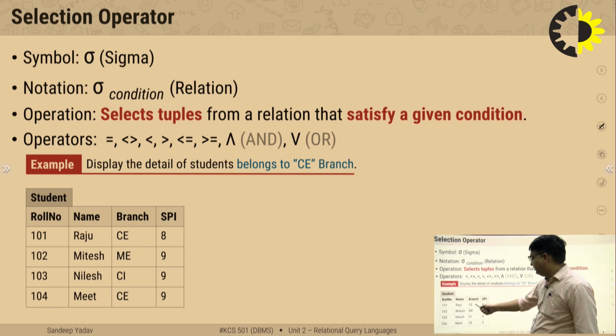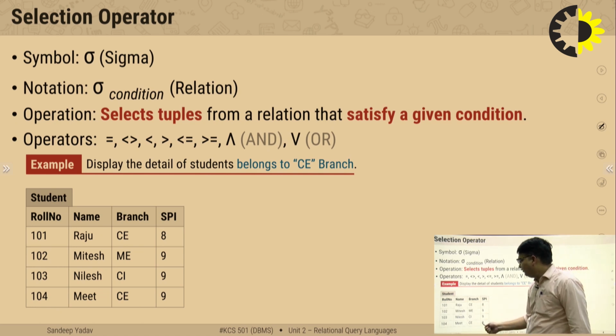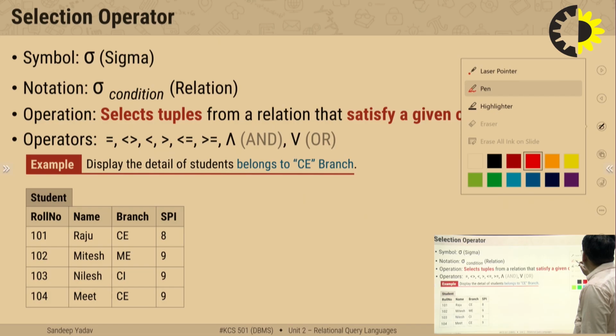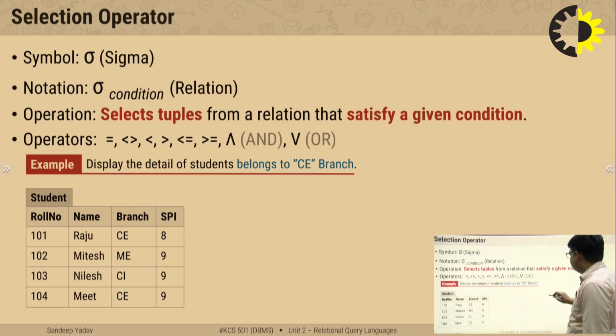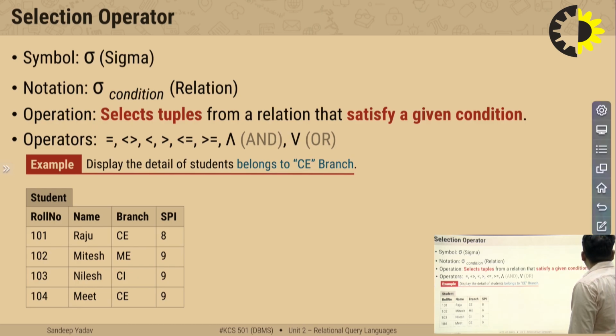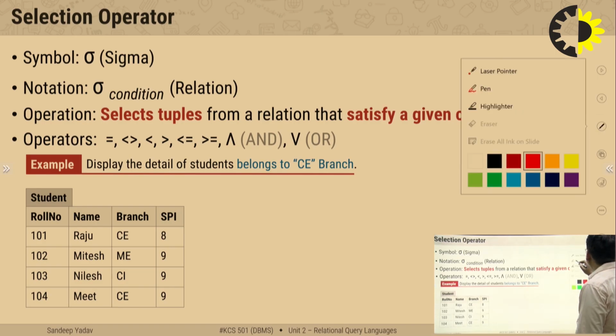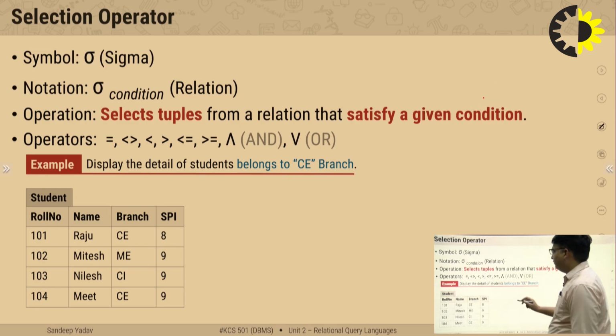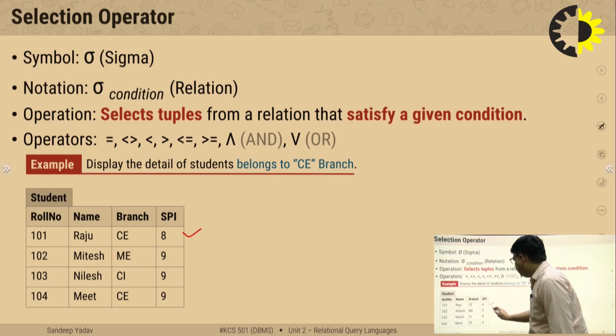We want this row and this row, this one and this one.